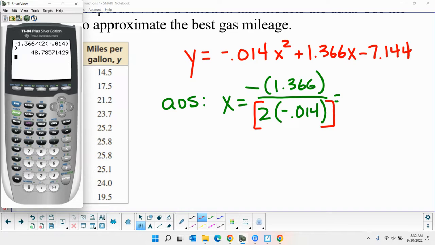That's not what I wanted, though, did I? For the x value? I guess it is. And I do want the x value, right? So my vertex, 48.786.